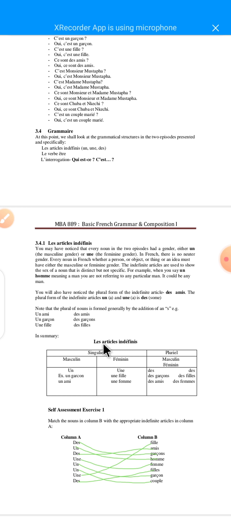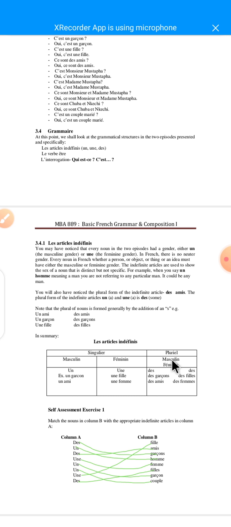In summary, les articles indéfinis. Here we have the singular and the plural, that's indefinite articles. For the masculine, we have un, that's a. Example, un garçon, un ami. And for feminine, we have une, that's une fille, une femme.